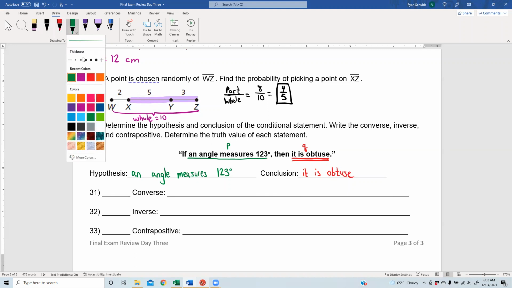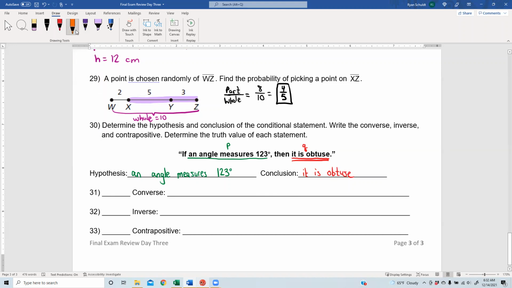Okay, so now we want to get the converse. The converse goes in the order of if Q, then P. So if an angle is obtuse, then it measures 123 degrees.